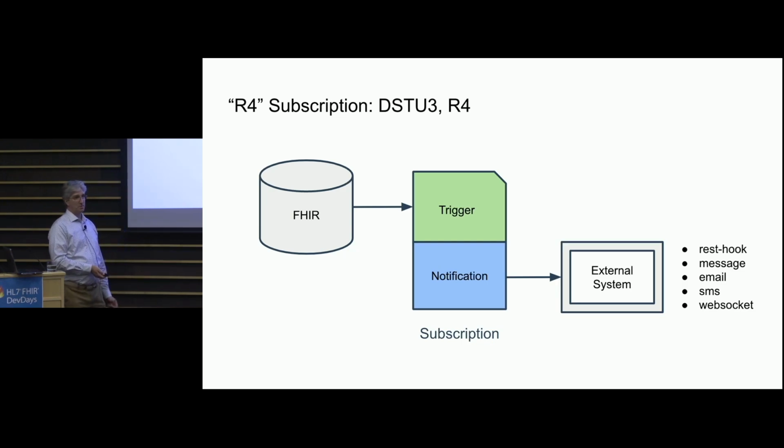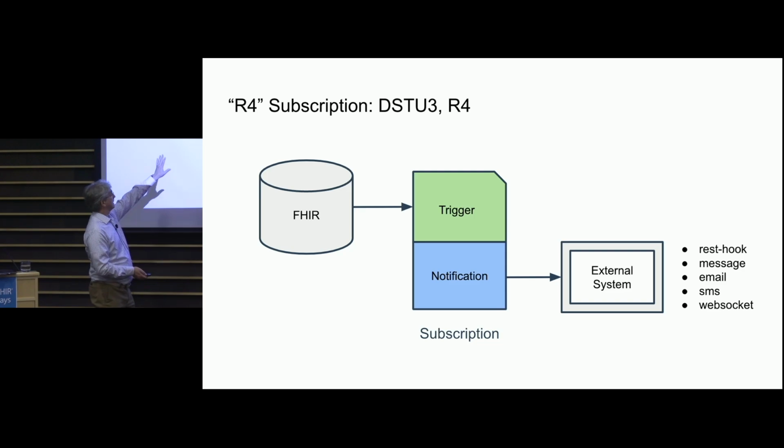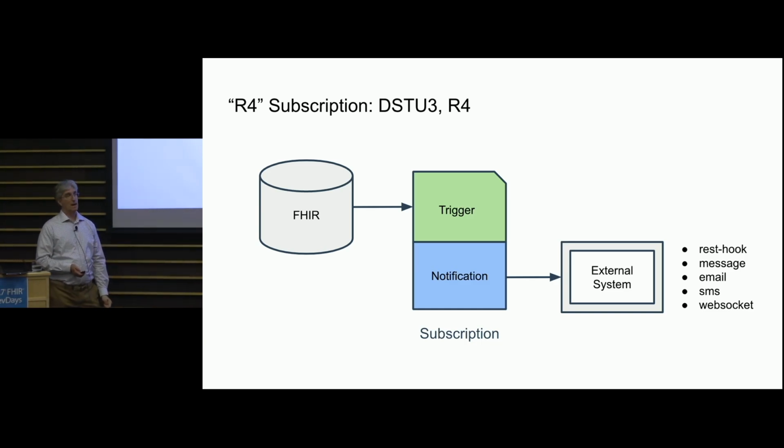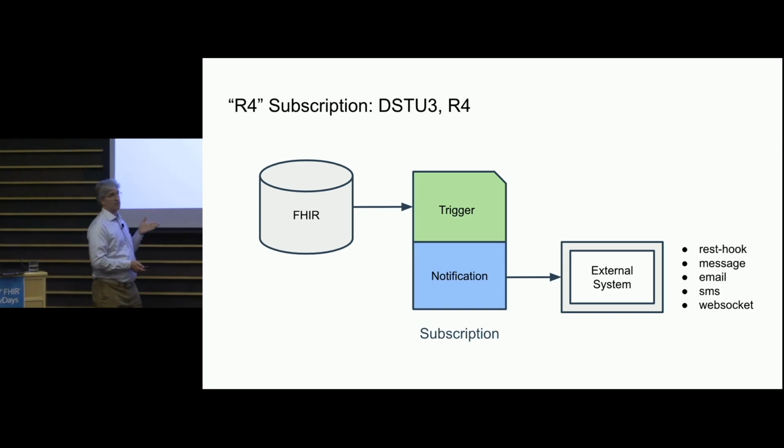All right, so let's talk a little bit about R4 subscriptions. What does an R4 subscription look like? These are the most widely used ones. Basically, there are two parts to it: the trigger and then the notification. The trigger defines what kinds of changes I'm interested in subscribing to. And the notification is what I do when one of those changes happens.